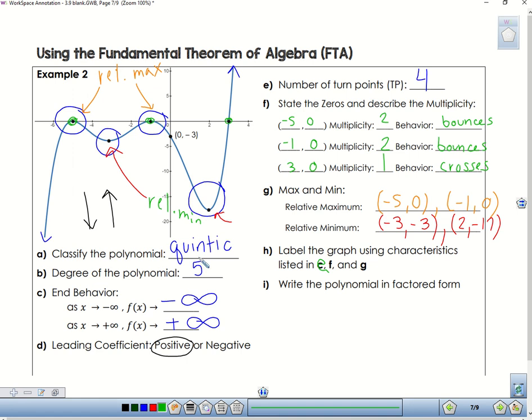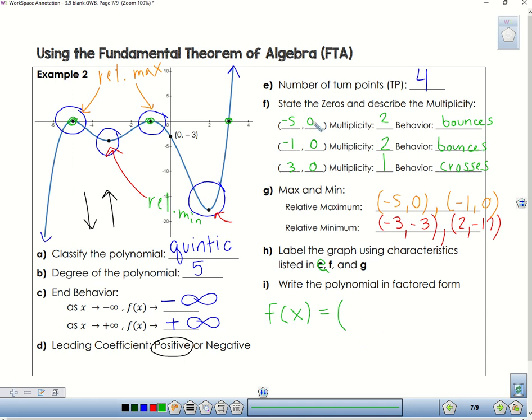And then we're just going to write our polynomial in factored form. So it's going to be f of x equals, now first thing you look at is, was your leading coefficient positive or negative? Positive, so you don't have to put a negative sign out front. If it was negative, you'd put a negative sign out in the front.